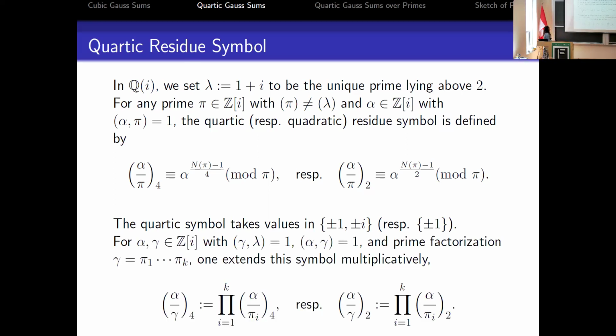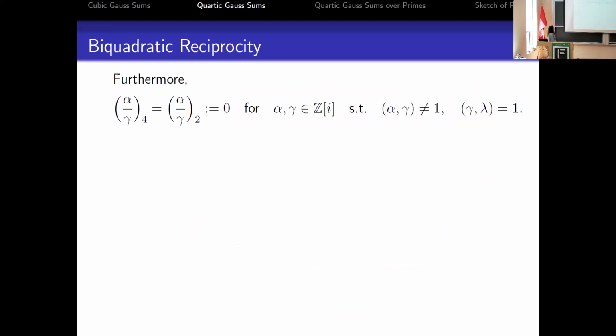We can extend this definition by complete multiplicativity to all integer elements gamma in Z adjoin i instead of just pi. If alpha and gamma are not relatively prime, we just set the quartic or quadratic symbols to 0.